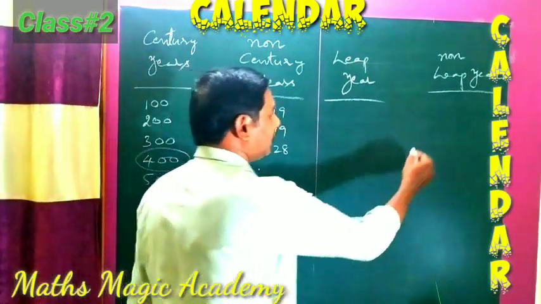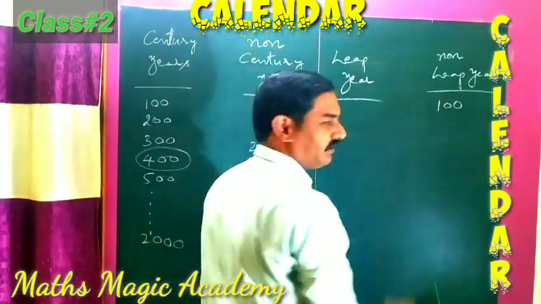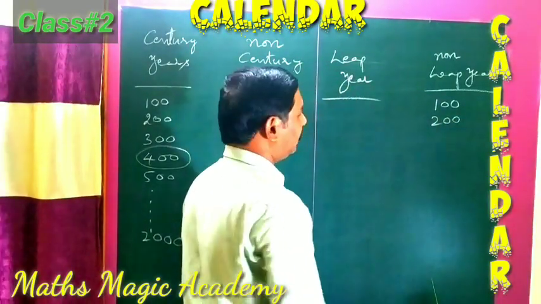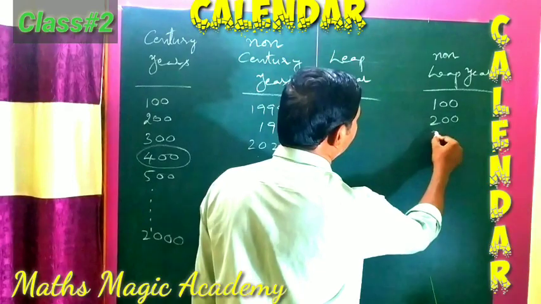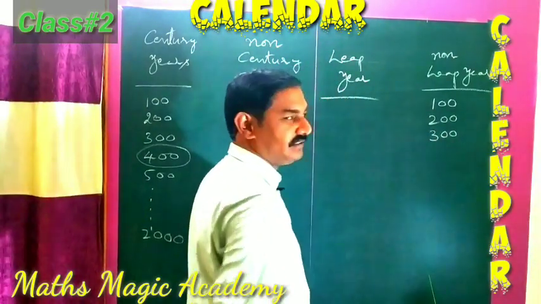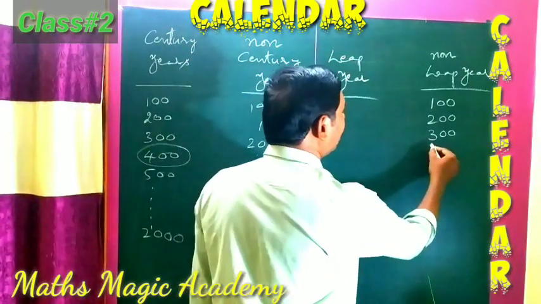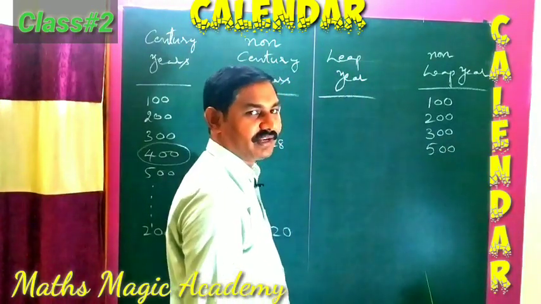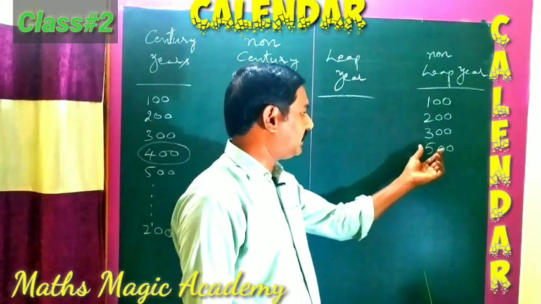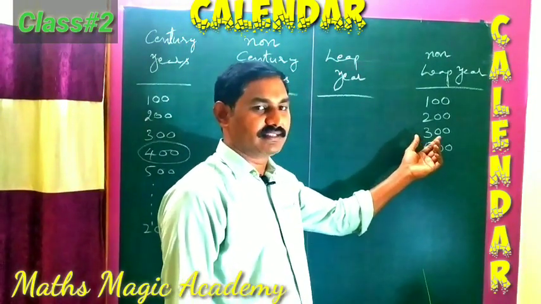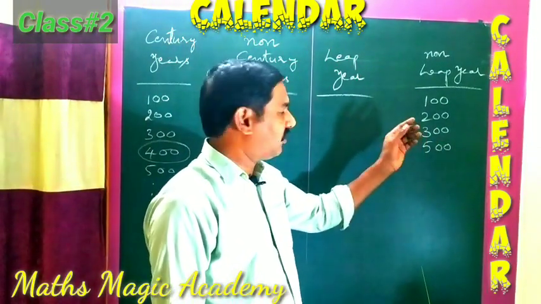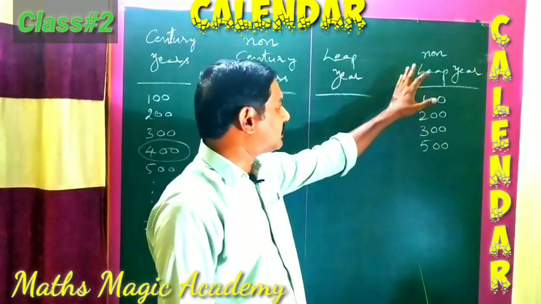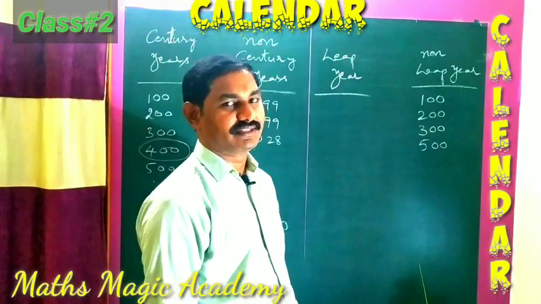So here 100 is a non-leap year, 200 is a non-leap year, 300 is also a non-leap year, and 500 is also a non-leap year. The century years which are not a multiple of 400 are all considered non-leap years.